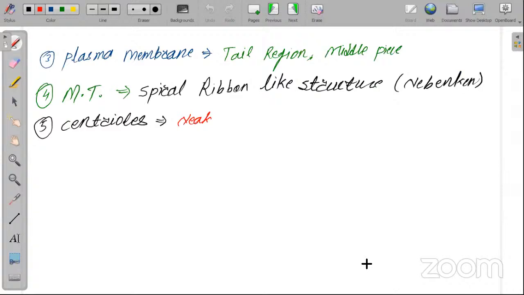Next is the plasma membrane. So plasma membrane is situated in the tail region and middle piece, as well as next is the mitochondria. In the case of mitochondria, they develop a spiral ribbon-like structure. It is known as Nebenkern, and it's situated in the middle piece.